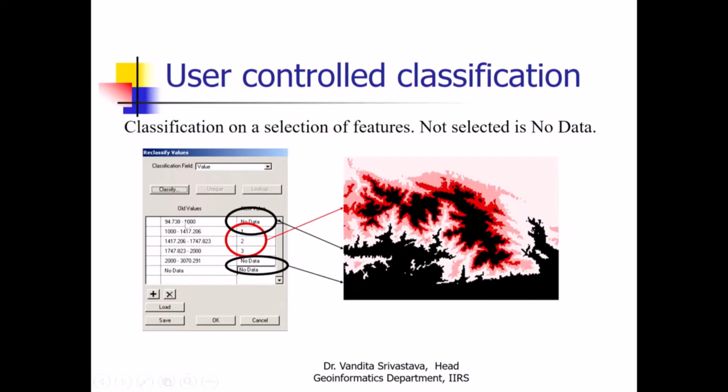You may like to do this based upon your requirement, that you are not interested in the low elevation or the highest elevations, you are interested only in medium elevations. Maybe you may require this for the purpose of plantation or to study vegetation, wherein you are not interested in these elevations. So you may require to classify like this. Okay, that is an example of user controlled classification, wherein you can manipulate the classification scheme based upon your purpose.